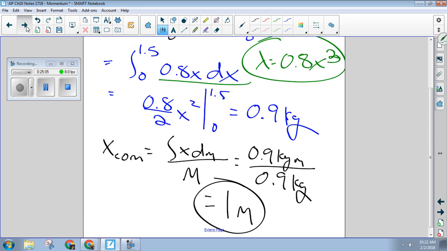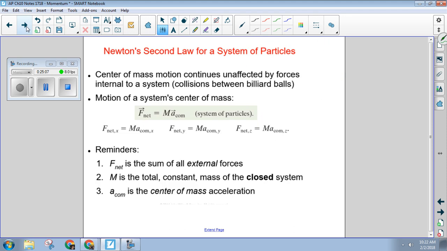All right, so the next thing we need to talk about is Newton's second law. Newton's second law says that the acceleration of an object is equal to the net force divided by the mass. It turns out that that applies for a system of particles too.